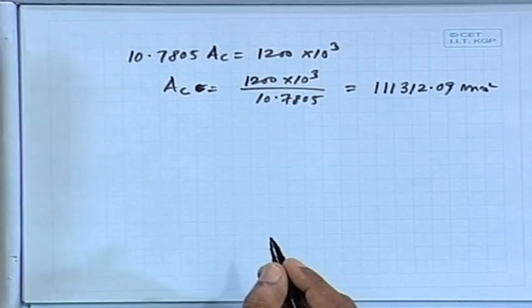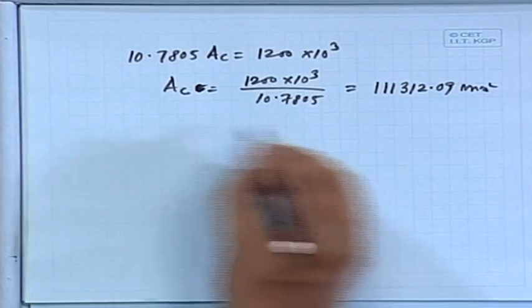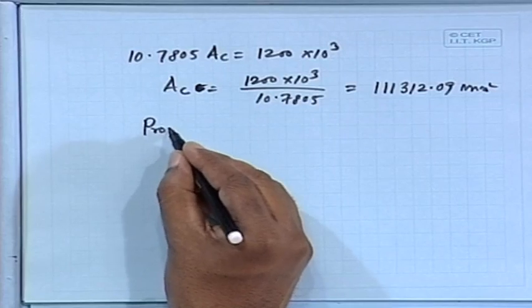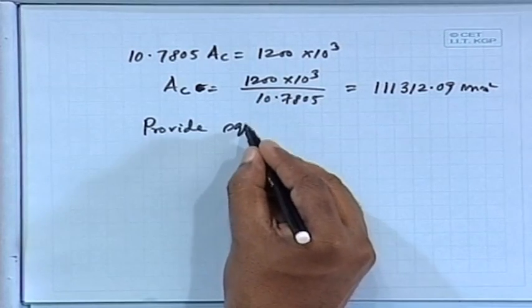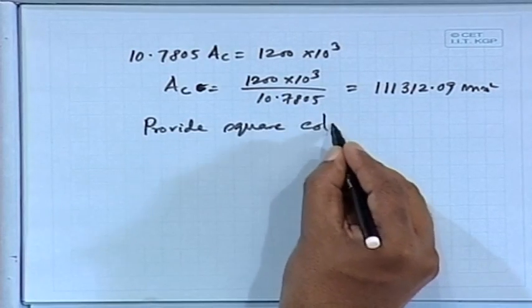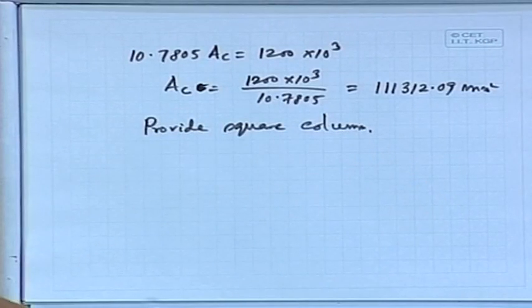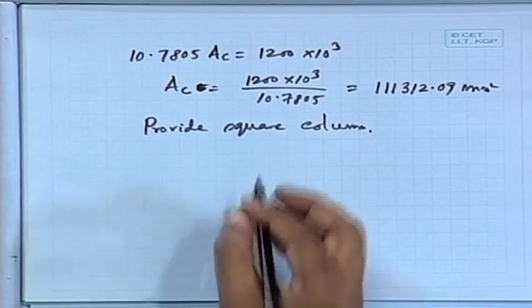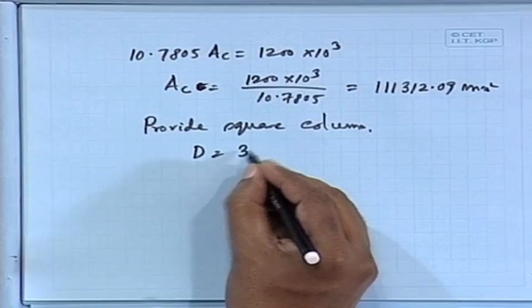If you use a square column, D comes as 333.